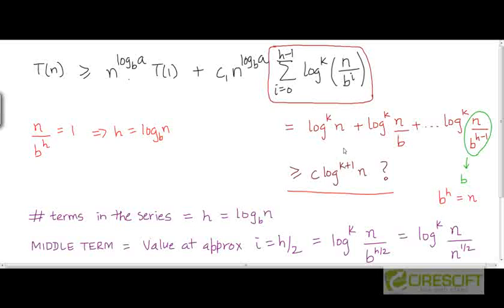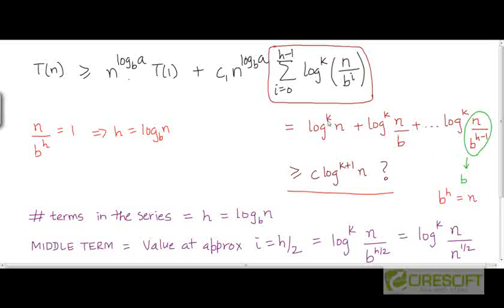So in trying to prove that this series is greater than or equal to some constant times log to the power k plus 1 of n, we need to somehow obtain log to the power k plus 1 of n here.